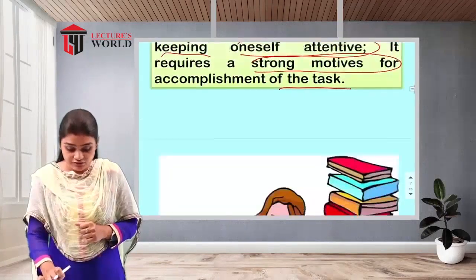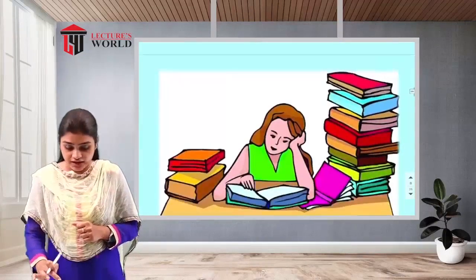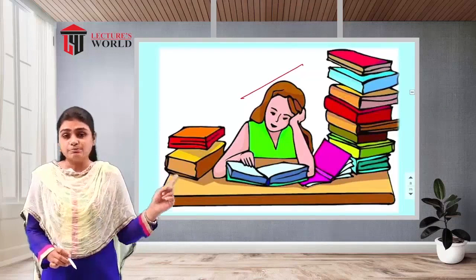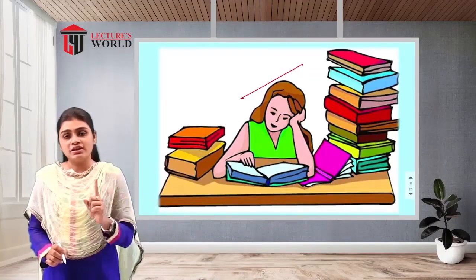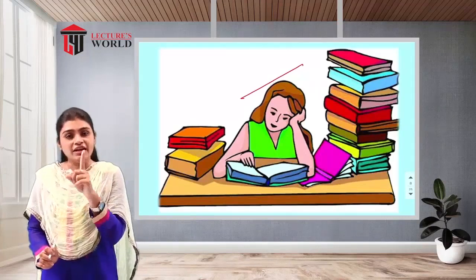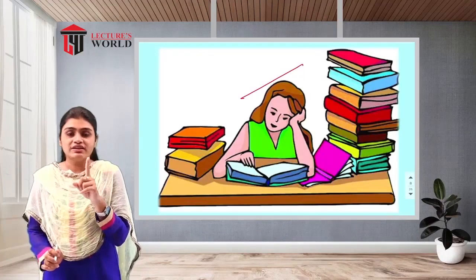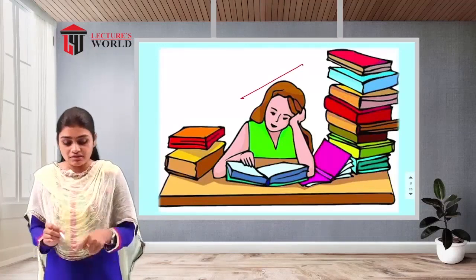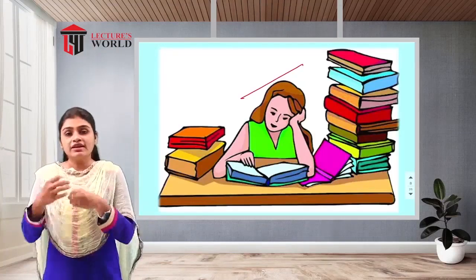The example of this explicit volitional attention you can see in this image. In implicit volitional attention, we had only one will, and to fulfill that will we did only one act, for example doing the assignment. But here in explicit, we are doing many repeated acts.